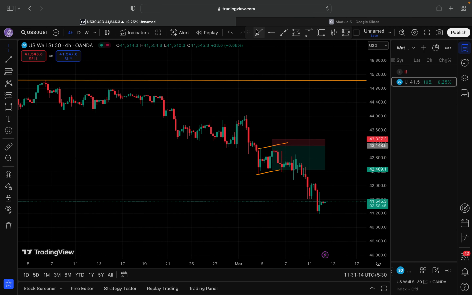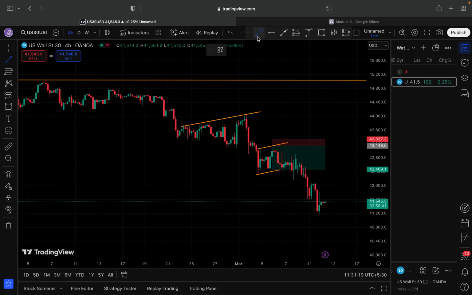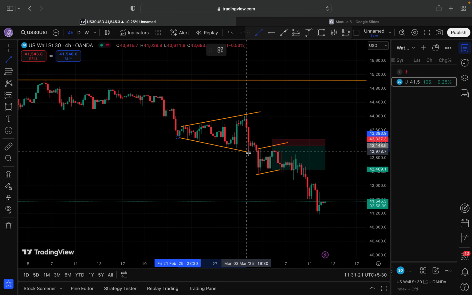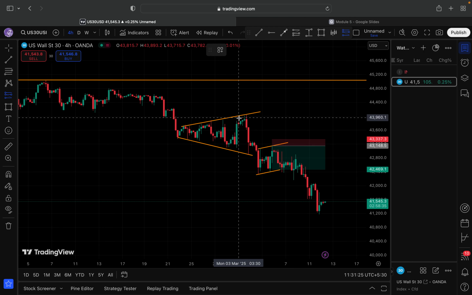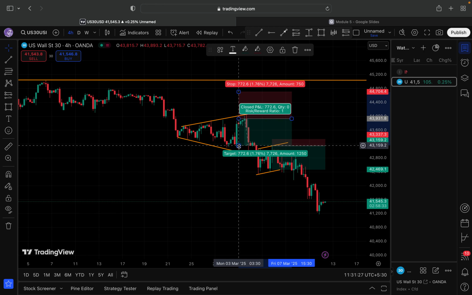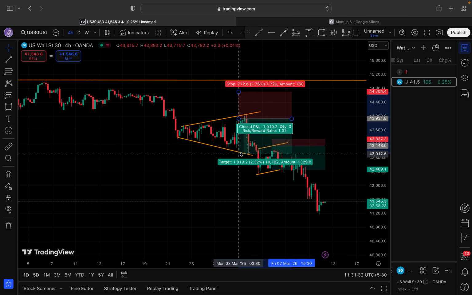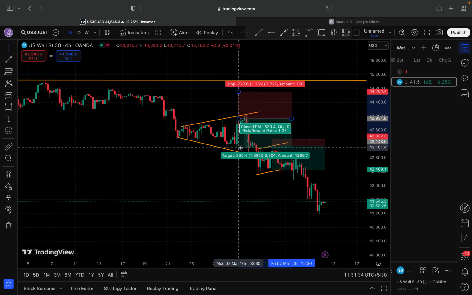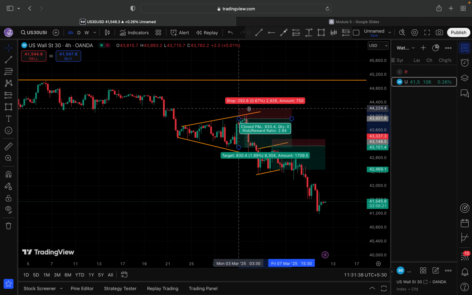And here on this pattern that we have been seeing, watch, let's say you took price around the zone, you take profit at the last low. You can also decide to wait for the pattern to expand to this point. Yes, so let's say our take profit is the last low, and then our stop loss is the last high.